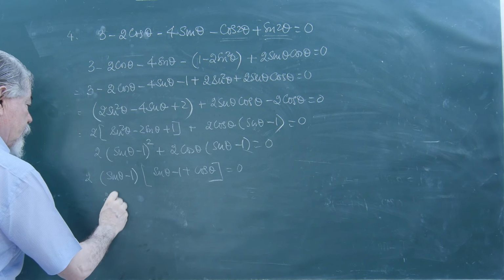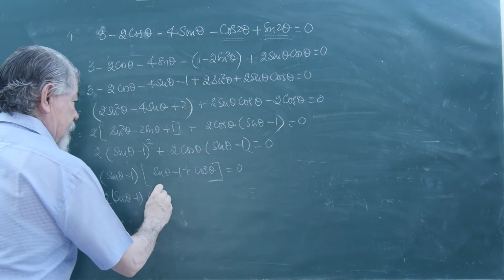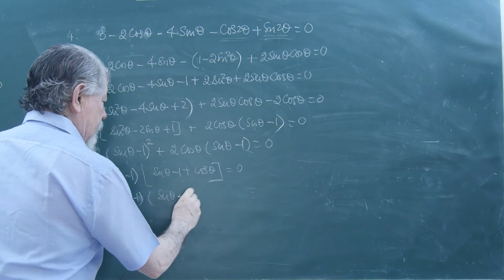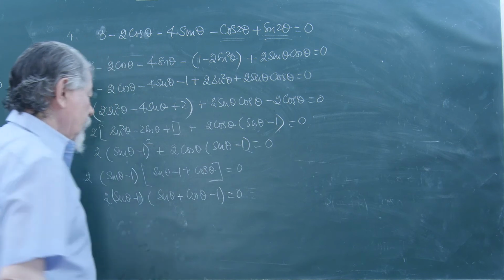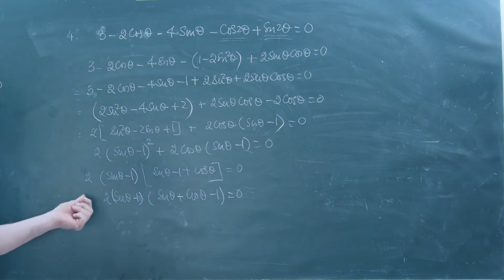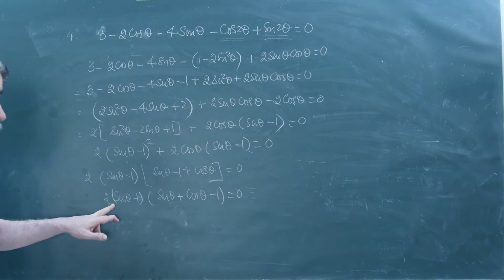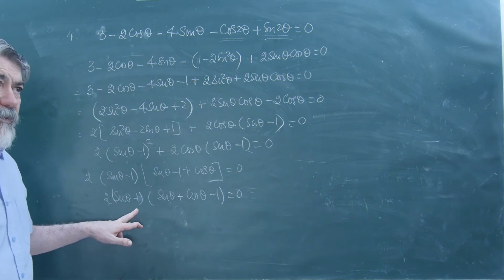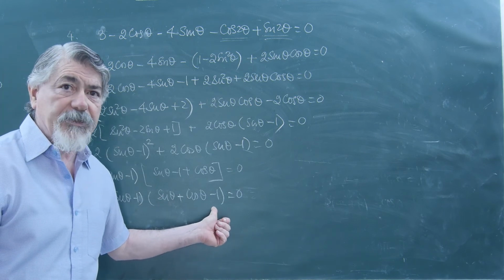So it will become 2 into sine theta minus 1 and sine theta plus cos theta minus 1 is equal to 0. Now when it is a product, 2 cannot be equal to 0, so let's leave the 2. We are going to say sine theta minus 1 can be 0, or sine theta plus cos theta minus 1 can be 0.